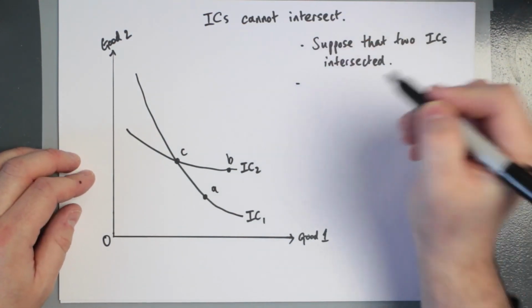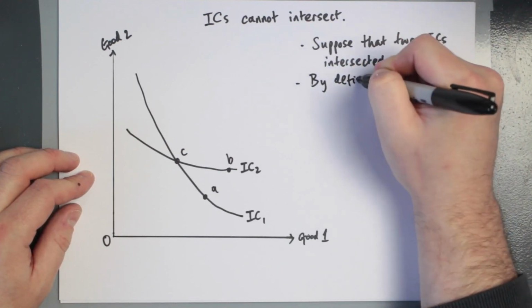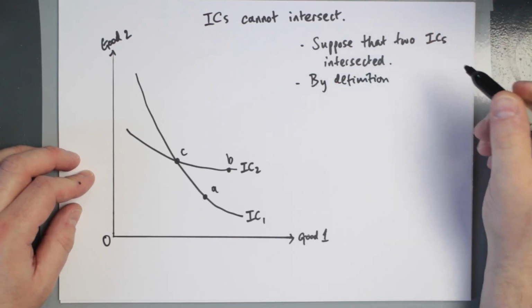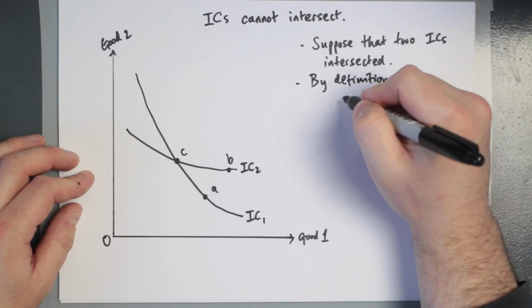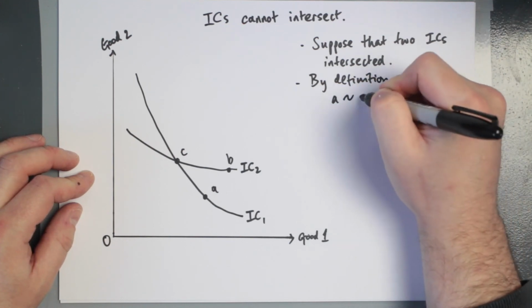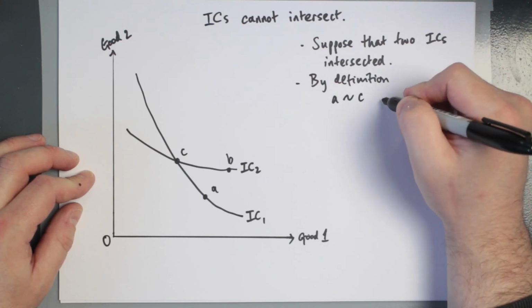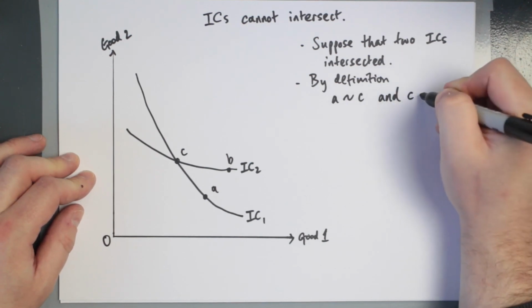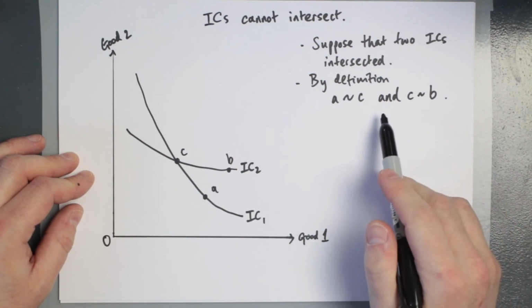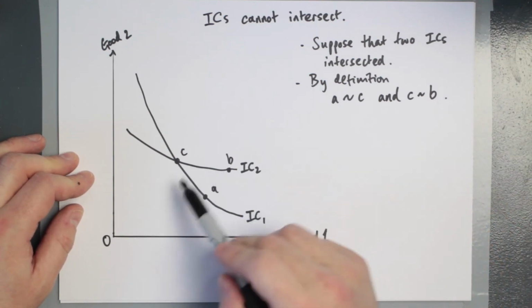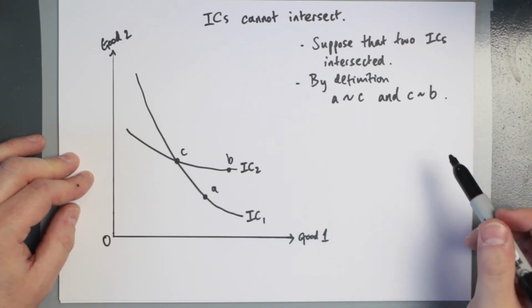So what can we say about this? Well, appealing to the definition of an indifference curve, by definition, the fact that these bundles are on the same indifference curve, for instance, A and C are on the same curve, we know that our consumer is indifferent between A and C, and we know that our consumer is indifferent between C and B. This is just applying the definition of an indifference curve, translating this diagram into symbolic representation.